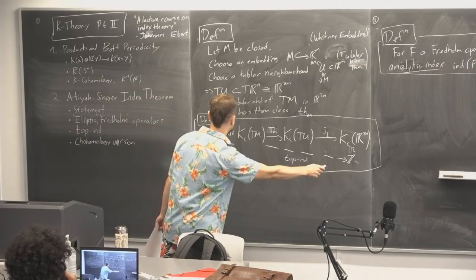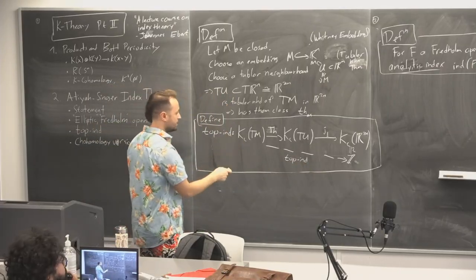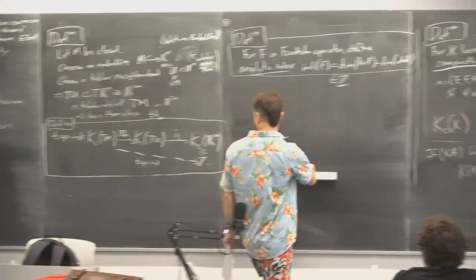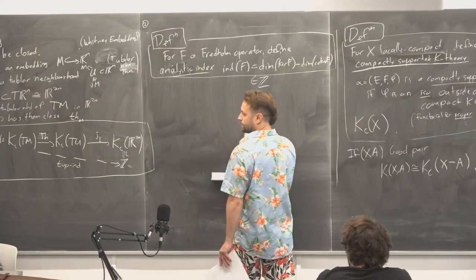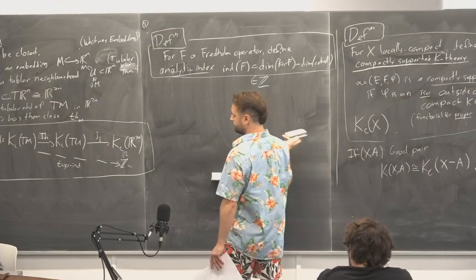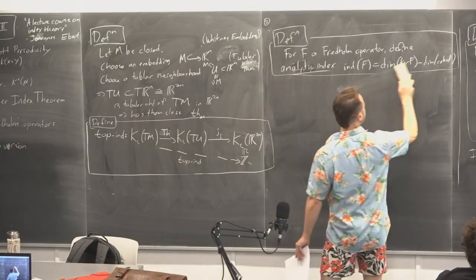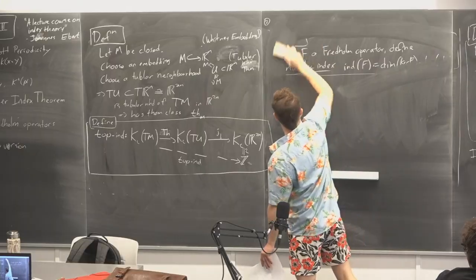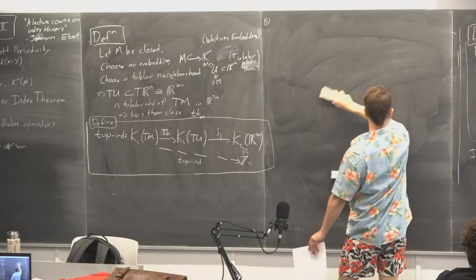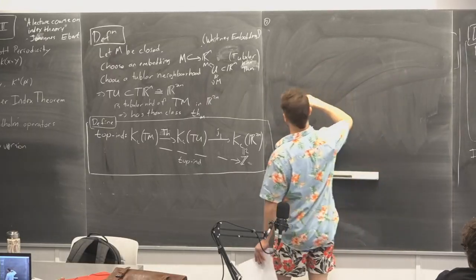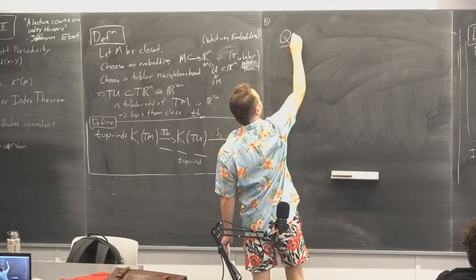This is the topological index. The Atiyah-Singer index theorem says that if you take a differential operator and interpret the symbol class as an element of this K group, then that's going to be on my list of questions. I don't remember how to do that, so unfortunately I'm not going to be able to present it.